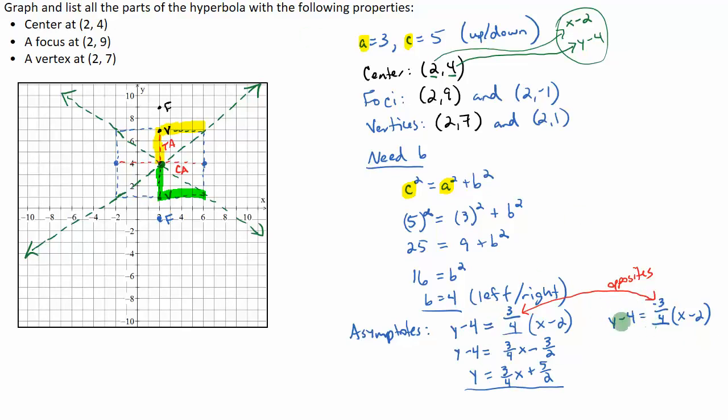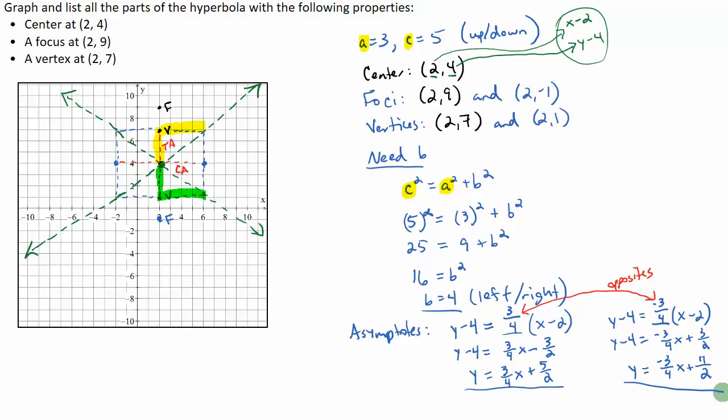And again, you could leave it like this if you're one of my students, or you could get y by itself like most textbooks do. So distribute negative 3/4 and add 4 again. To get negative 3/4 x plus 11/2.